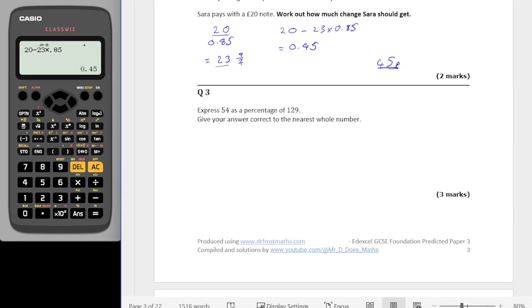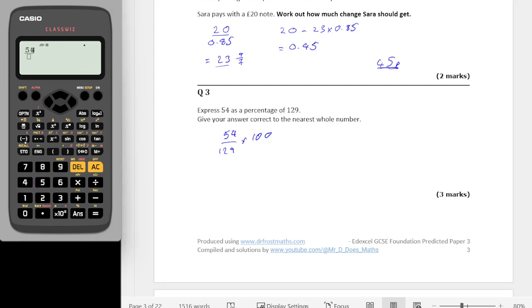Okay, question 3. Express 54 as a percentage of 129, giving your answer correct to the nearest whole number. So I'm going to go 54 divided by 129 times 100. And that should automatically give me my answer, so I'll type it in like that.